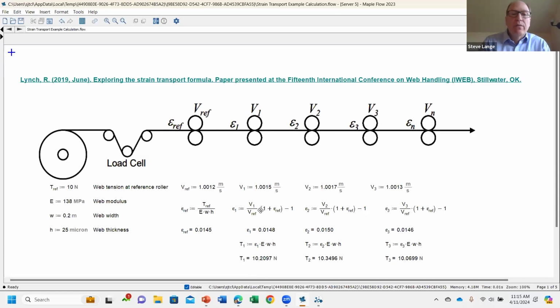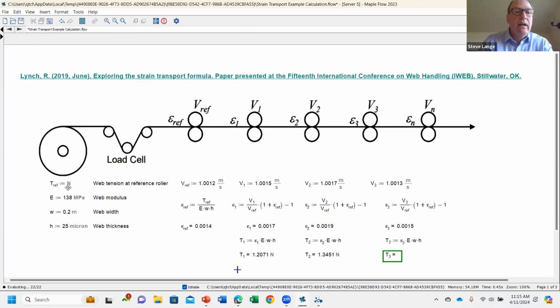Then using the equation from the previous slide, we can calculate the strain and tension in each of these successive spans. So we can also, using this calculation spreadsheet, do some what ifs. We can say, what if the tension is only 8 newtons instead of 10?